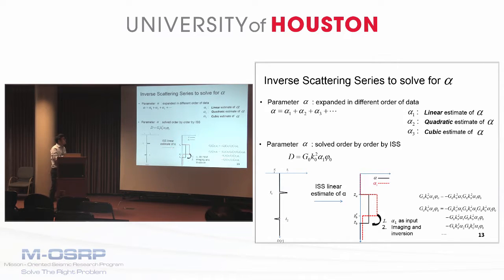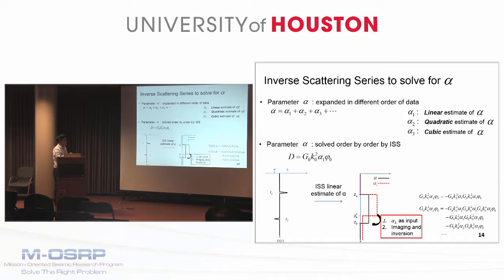So then going from alpha 1 to alpha, it is a contribution from the nonlinear ISS terms. And here we would like to mention that in calculating alpha 2, alpha 3, etc., these quadratic and cubic contributions, the input is alpha 1. For example, alpha 1 is used to calculate alpha 2.